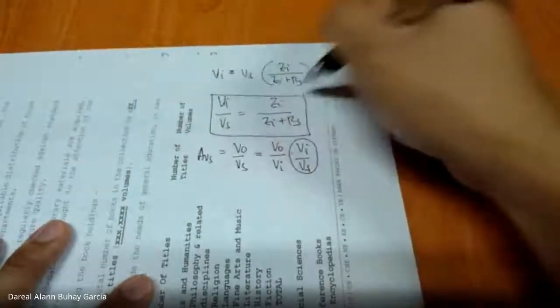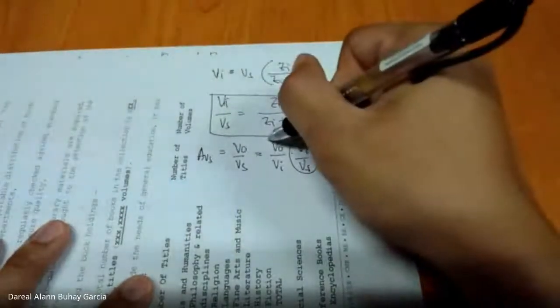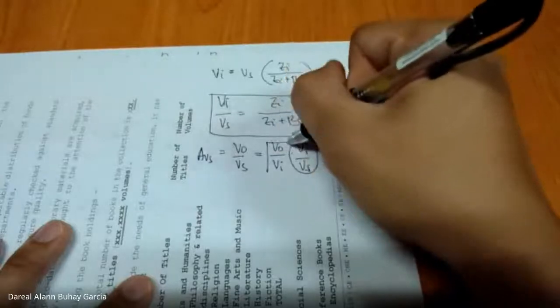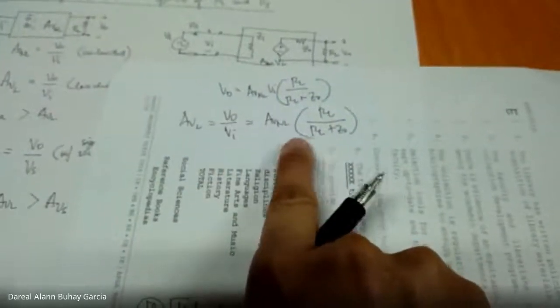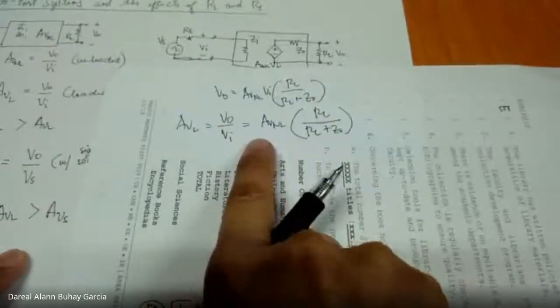Now, how about VO over VI? That is the one from earlier: VO over VI is AV NL times RL over RL plus ZO, the loaded voltage gain.